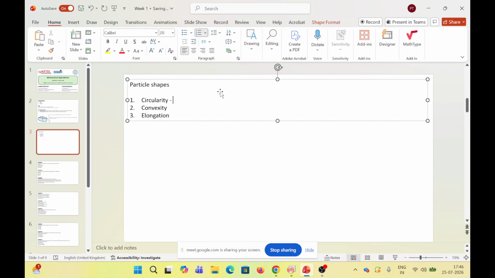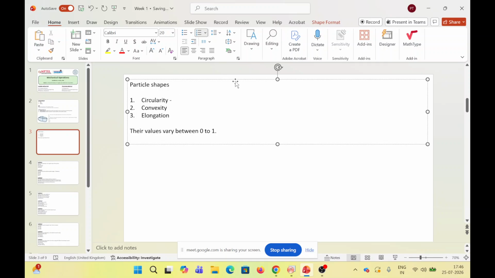So this is basically circularity, as in what we mean is we try to see how circular the shape is. For example, in case of a circle, the circularity is going to be 1. And for all these parameters, we define the values between 0 to 1.